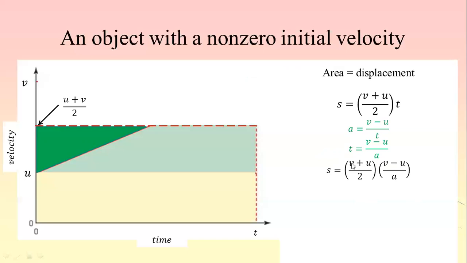Notice that the numerators v plus u multiplied by v minus u are actually factors of the difference of two squares. So multiplying these two gives us v squared minus u squared over 2a. Cross multiplying and rearranging the equation, we now have v squared is equal to u squared plus 2as, which is the fourth kinematic equation of motion.